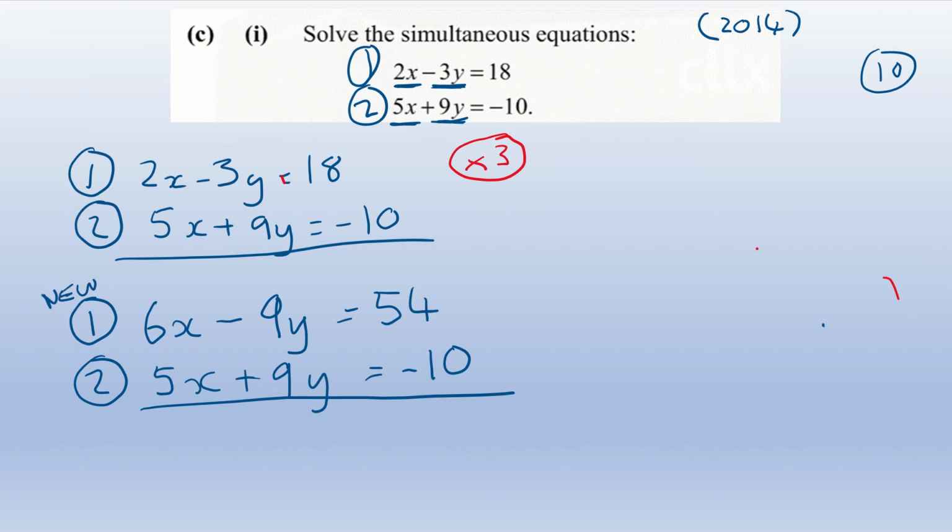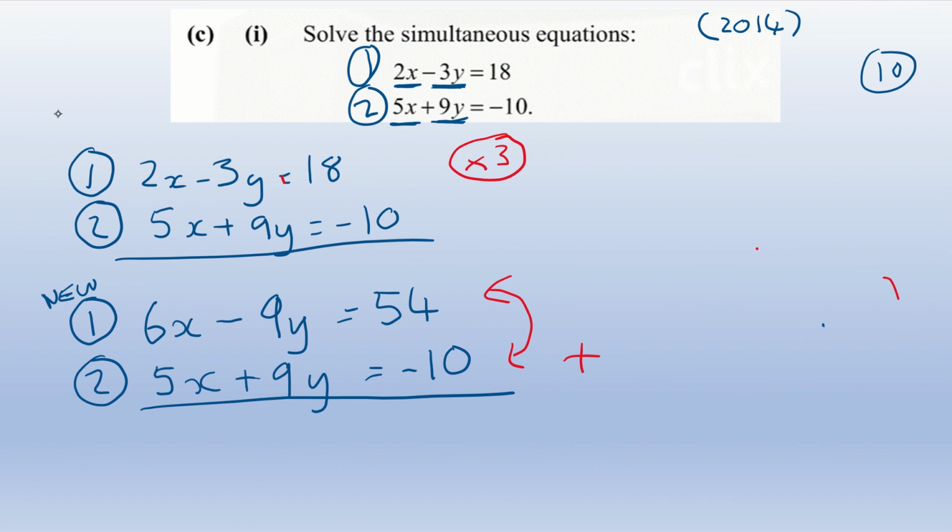In our last set of simultaneous equations, we took them away. But if we add these two equations together in this scenario, that will ensure that minus 9y plus 9y gives me my 0y. So just be careful of that.